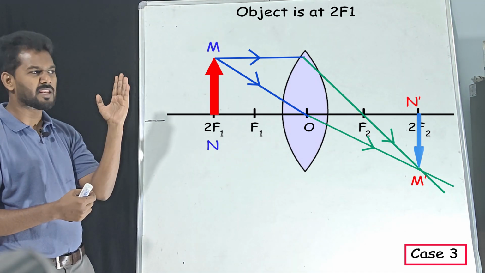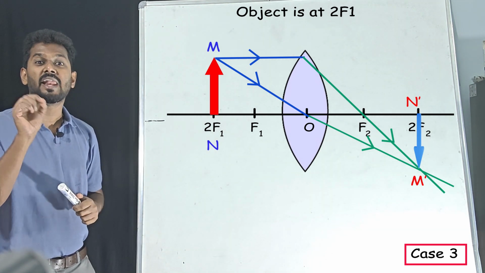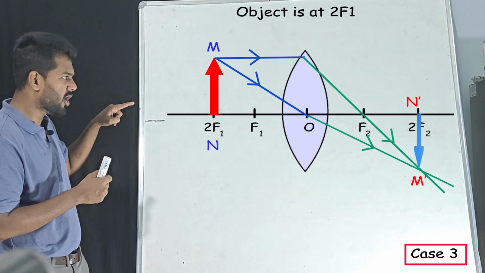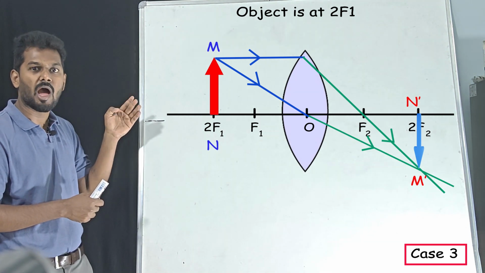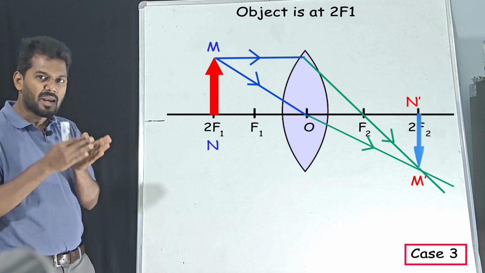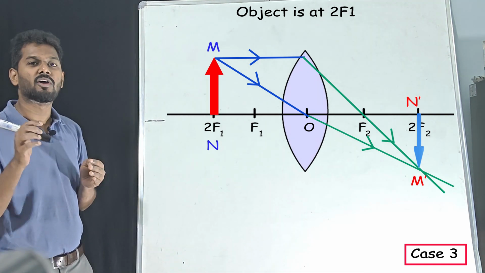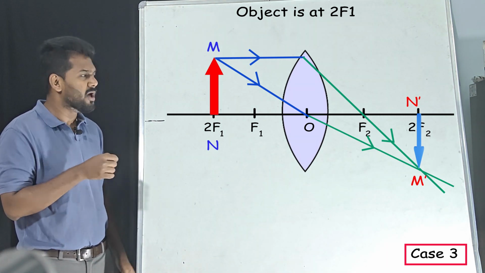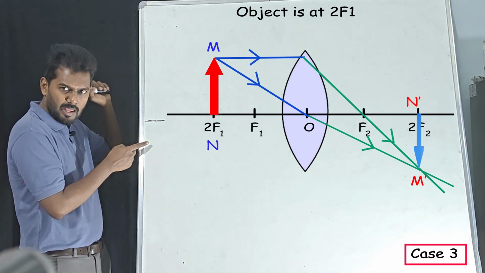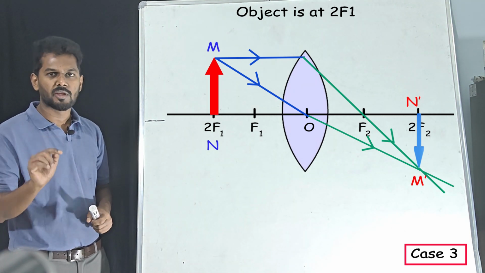Whenever we see any object or image in upward direction, we call it erect, or you can call it upright. Erect is nothing but upright. Both are same. When it is downward direction, we call it inverted. The image is inverted, correct? So here the object is MN, the image is inverted, so it is N dash and M dash.